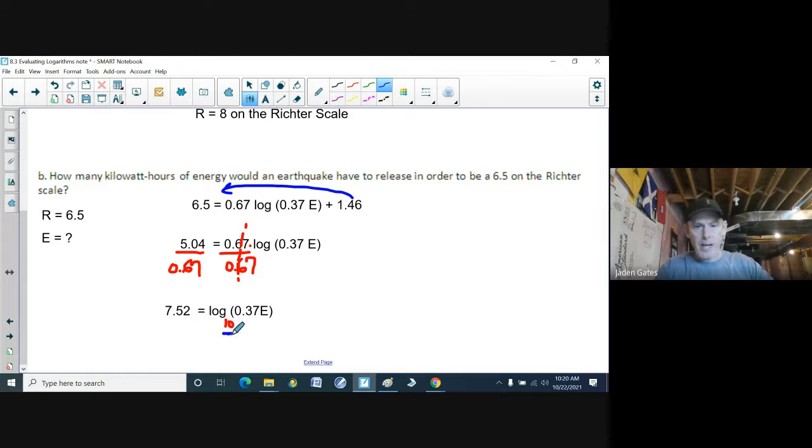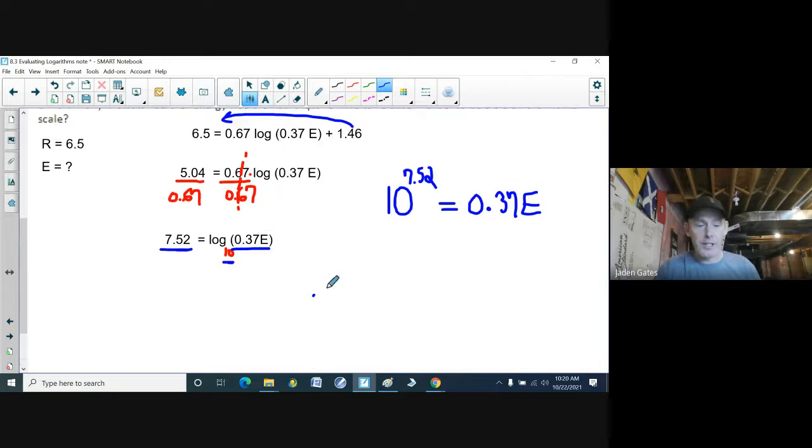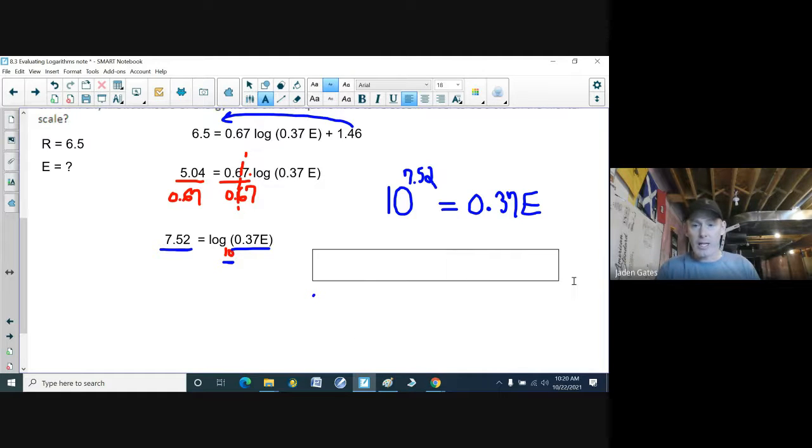Here's my base, here's my exponent, and the 0.37E is my answer. So I just converted it from logarithmic form to exponential form. Now, that's 10 to the power of 7.52.